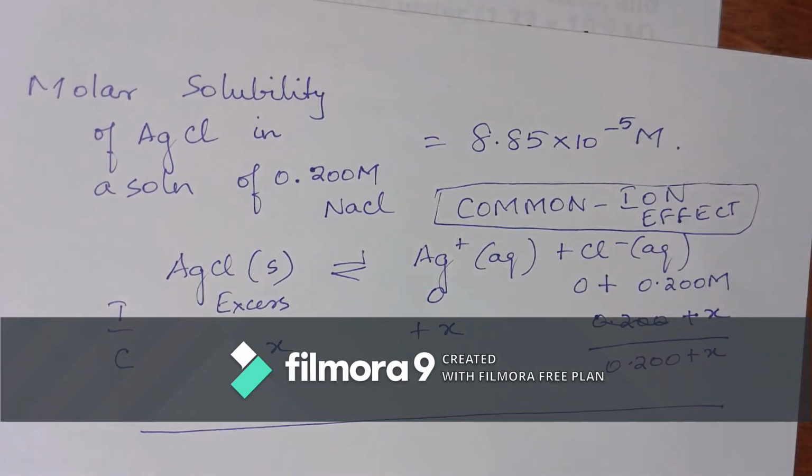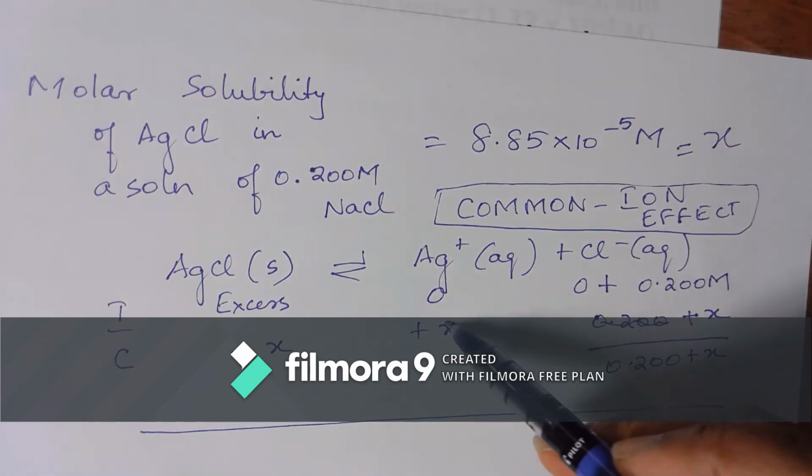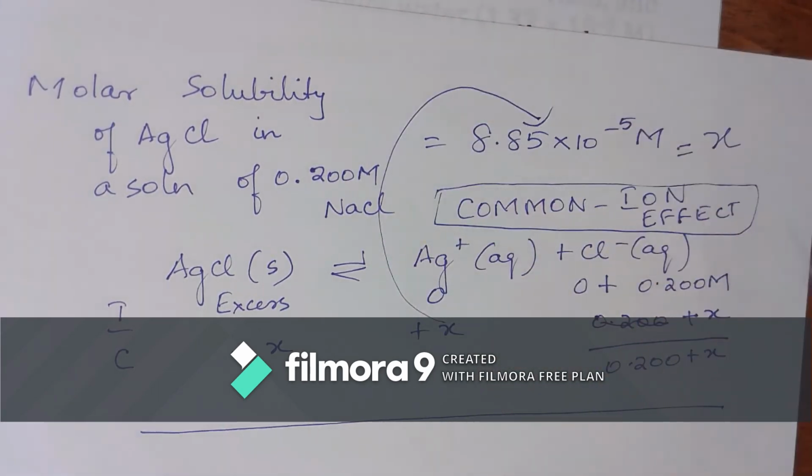Okay, common ion effect. You got that? So this is a summary of the calculations from the previous slide. You set this table up. You had the common ion included, and you calculated x, and x from this calculation was 8.85 times 10 to the negative 5. Got that?